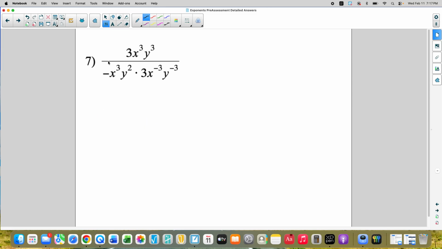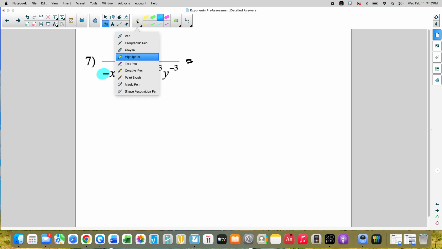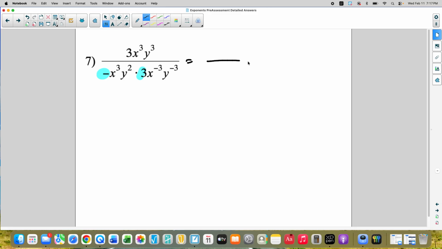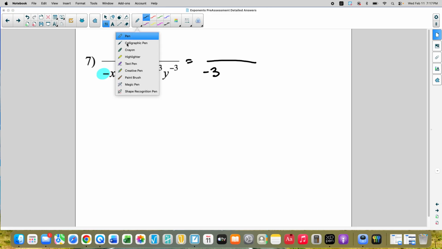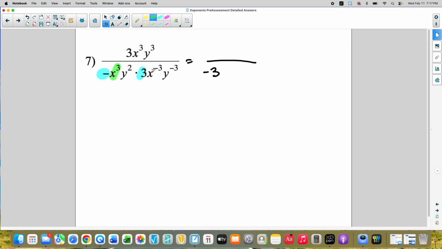Okay, so I got all this stuff. I'm going to simplify these two first. I'm going to look at the coefficients. I got a -1 and I got a 3. So if I simplify that, that's -1 times 3, which is -3. I'm going to deal with my x's. That's multiplying.